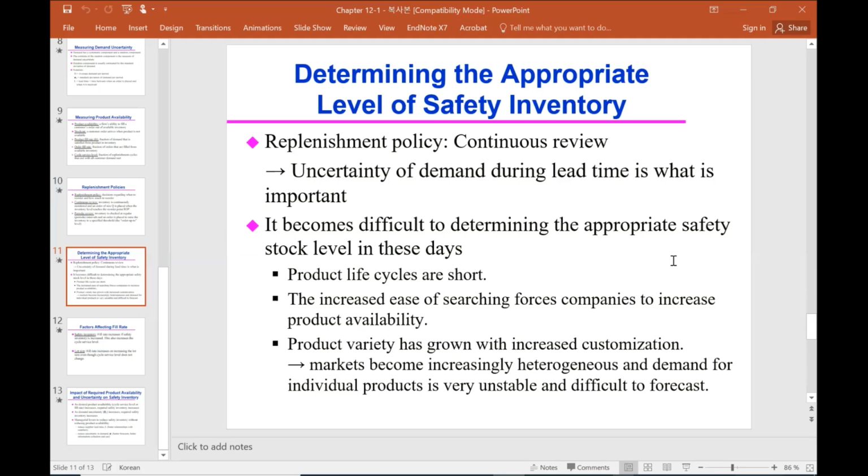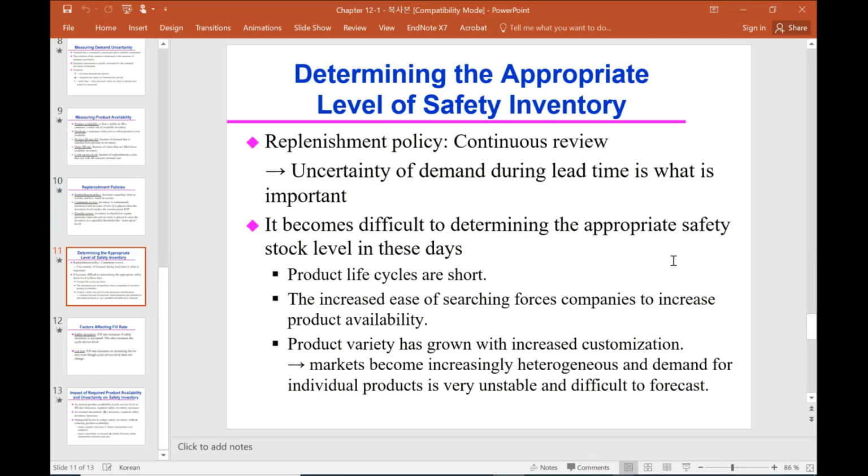Okay. But on the other hand, the periodic review system is a very different story. Because under the periodic review system, you don't keep watching your inventory continuously. So that's why you have to worry about the demand uncertainty during the whole time, including not only the lead time but also the review period.